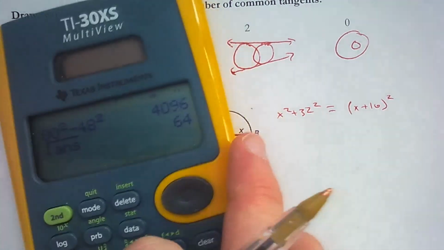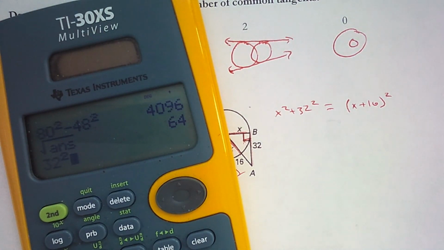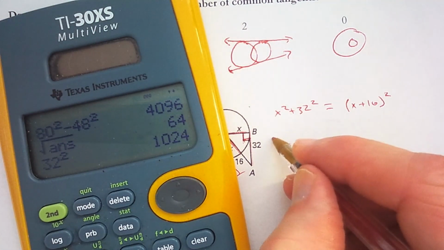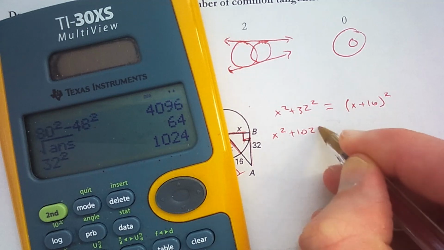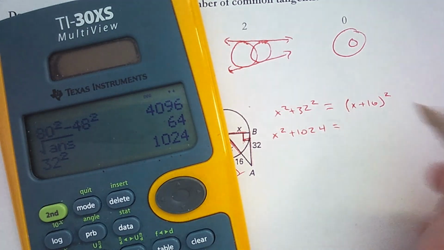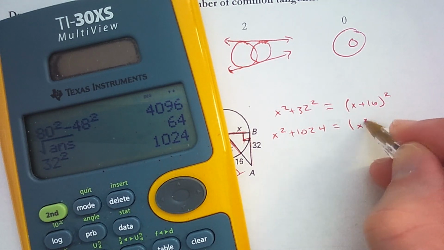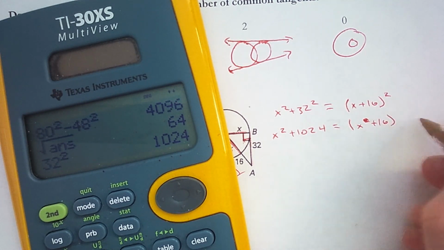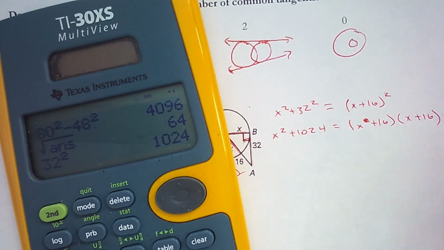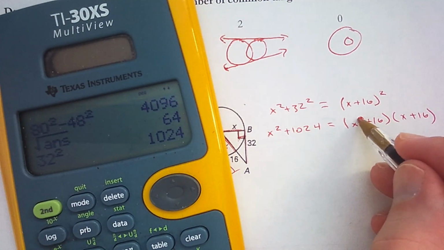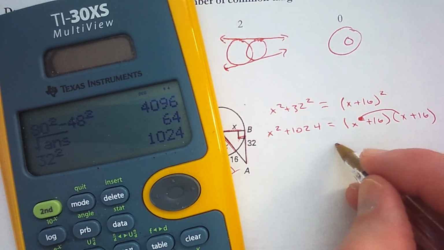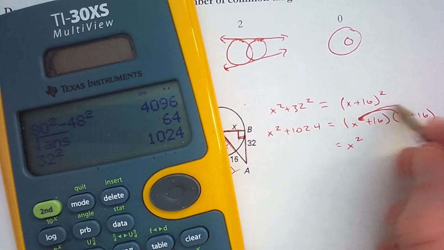Okay, so 32 squared is 1,024. So we have x squared plus 1,024 equals, and then x plus 16 squared really means x plus 16 times x plus 16. Okay, so we will distribute: x times x is x squared.